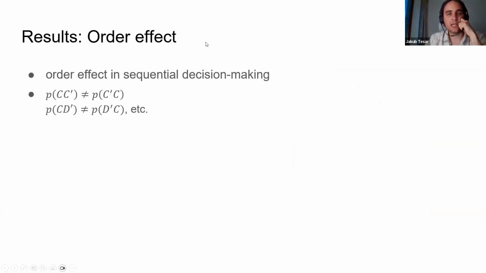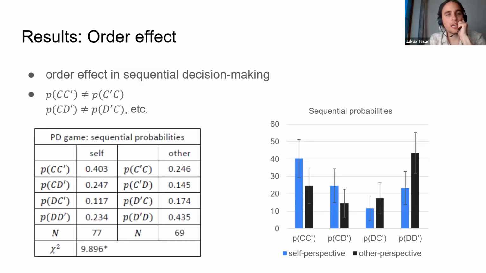First of all, we expect the order effect. That means that the probability that the actor will choose cooperation as his strategy and then expect cooperation from the other is not the same as the probability that the player will expect cooperation from the other and then choose cooperation as his strategy, and so on. So the order changed the probability distribution.